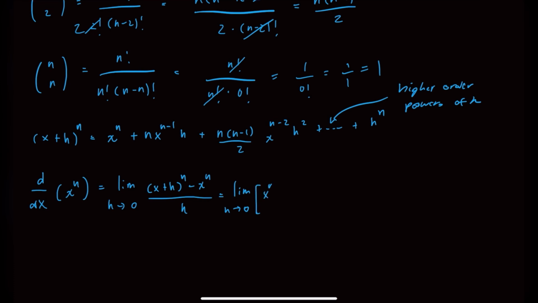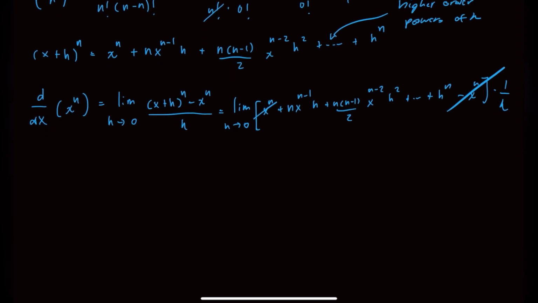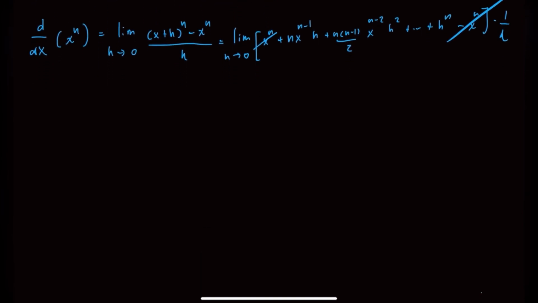So you have x^n plus n x^(n minus 1) h plus n times (n minus 1) over 2, x^(n minus 2) h squared, plus h^n, and minus x^n, times 1 over h. And as you can see, the x^n's will end up canceling, and multiplying by that 1 over h term, we have the limit as h goes to 0.